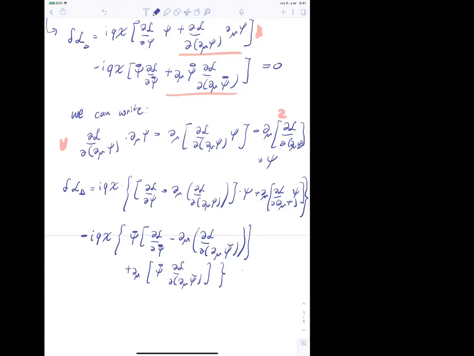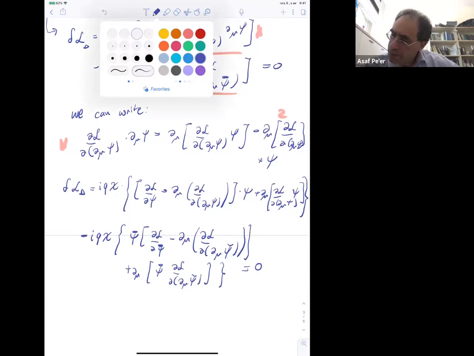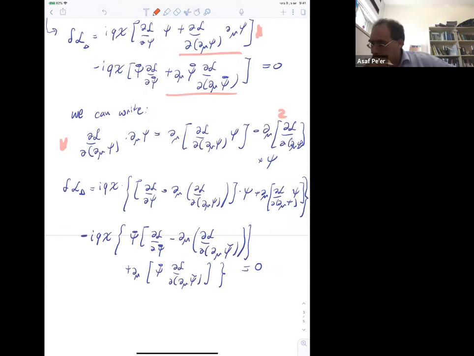And all this is equal to 0. Not very complicated math, so standard. But of course, why did I do that? What was my motivation? What is this term equal to?